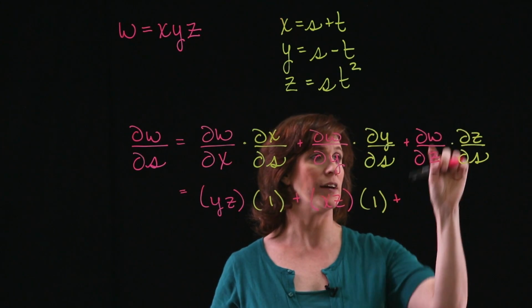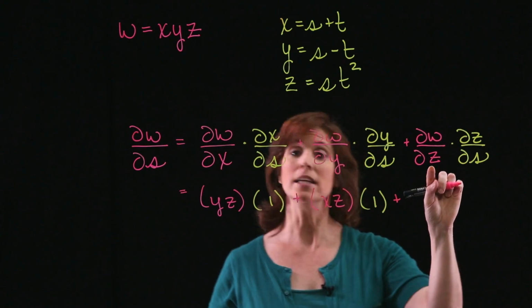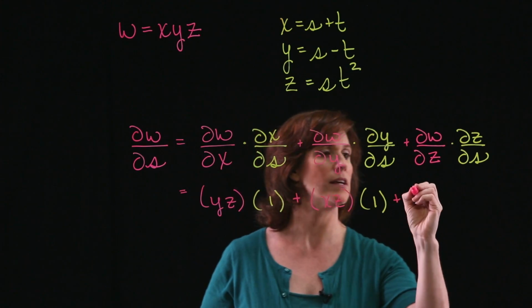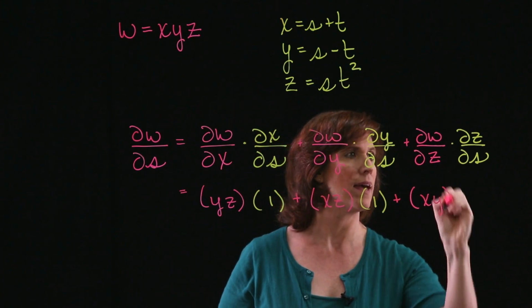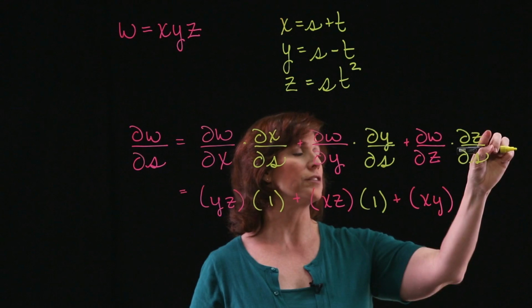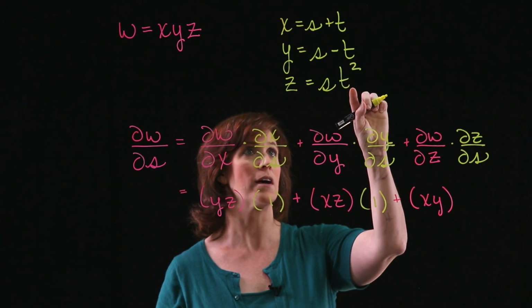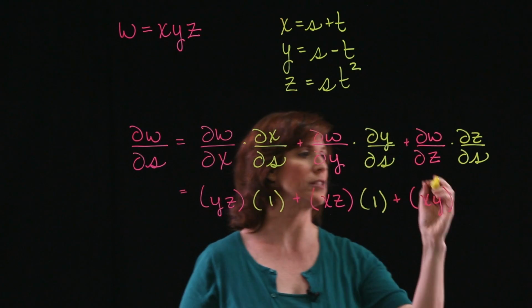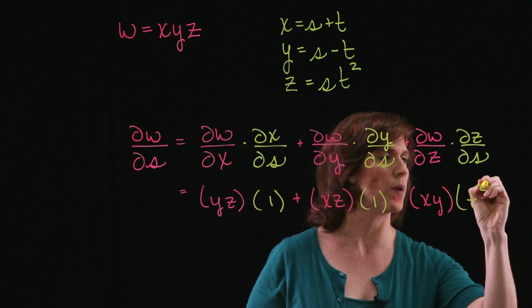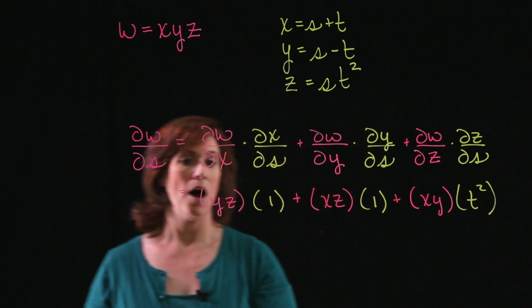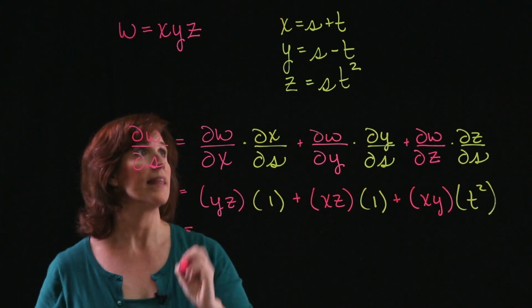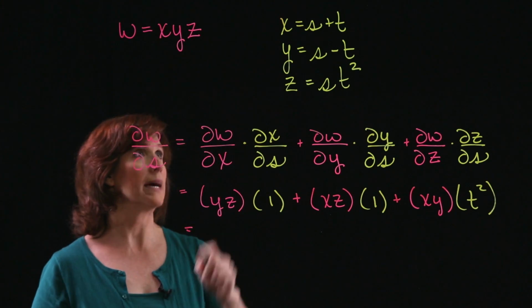I then take the partial of w with respect to z, treating x and y as a constant, so that will give me xy, and the partial of z with respect to s. So I'm treating t as a constant, which means t squared will be a constant, and that partial is just going to be t squared. Okay, so that leaves me with y times z.